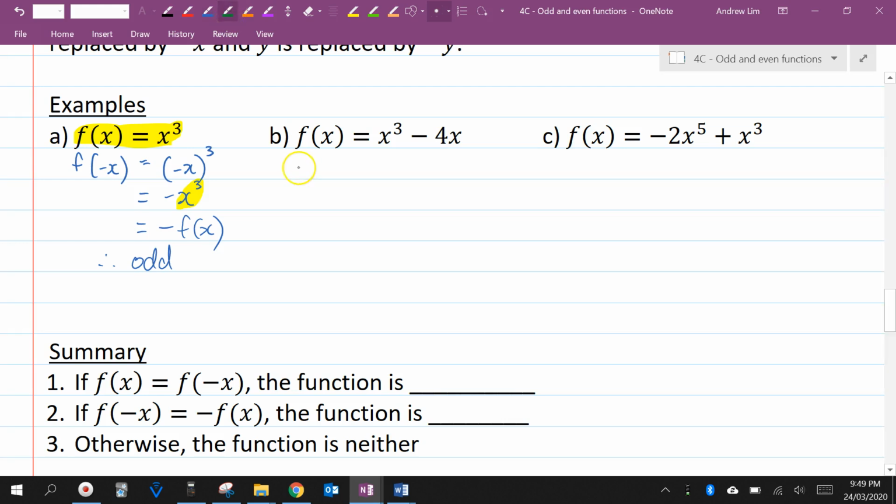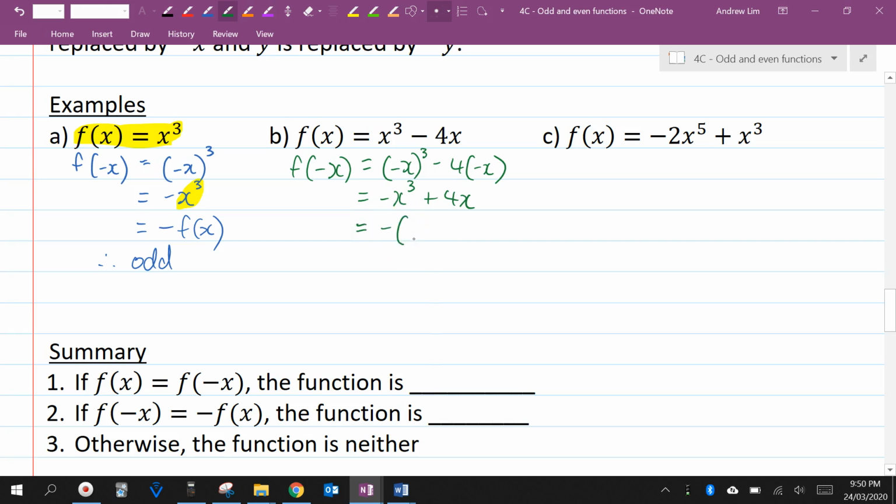I'm going to do one more with you. We're going to find f of negative x. So I'm going to replace all x's with negative x. Negative raised to an odd power is still negative. We'll give a negative answer. Minus 4 times minus x is positive 4x. And now we can see, let's factorize out a negative.